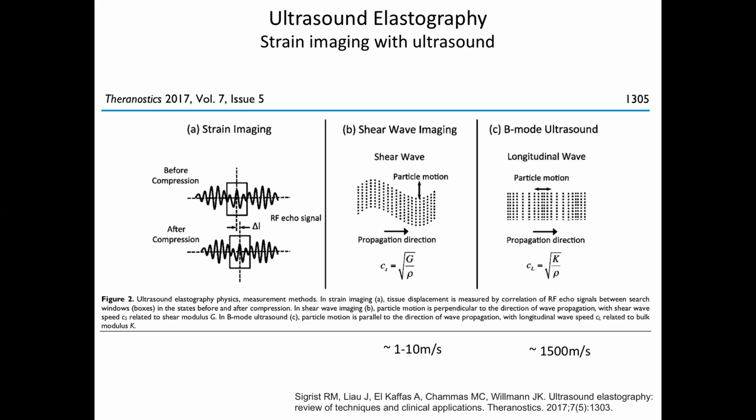In general, it will give you something that's proportional to the ability of that tissue to strain, right? And so the shear modulus for one wave and the bulk modulus in a longitudinal wave.